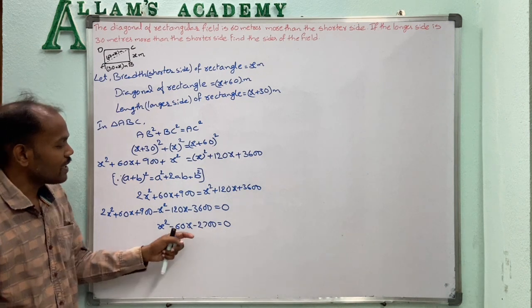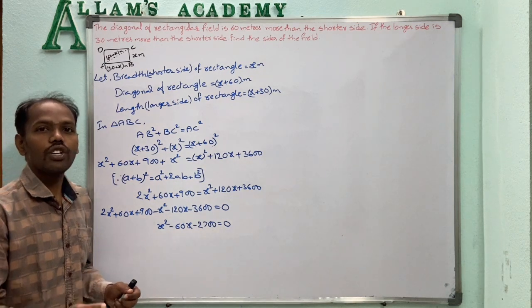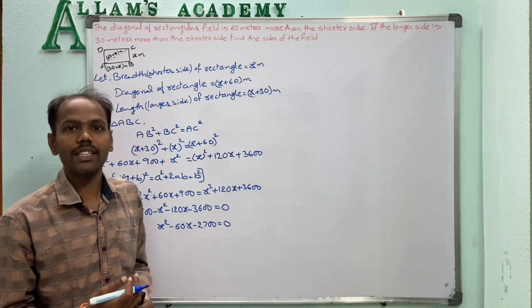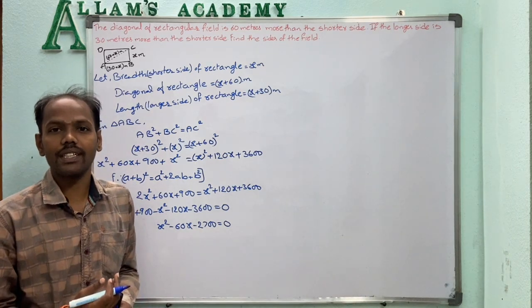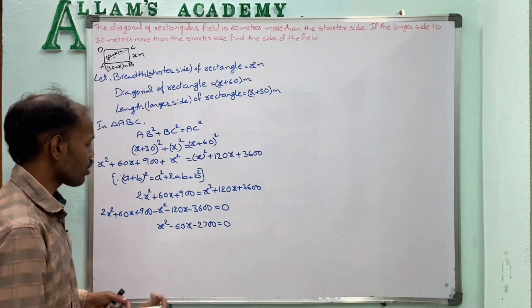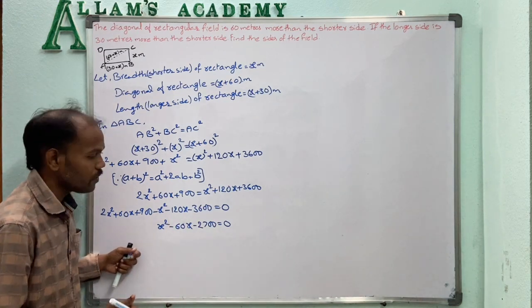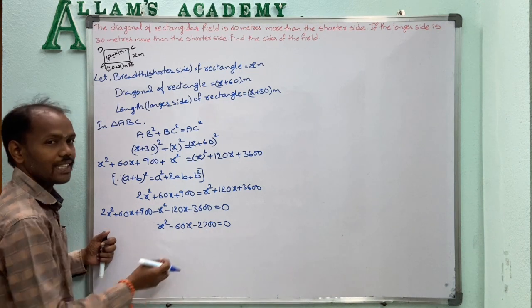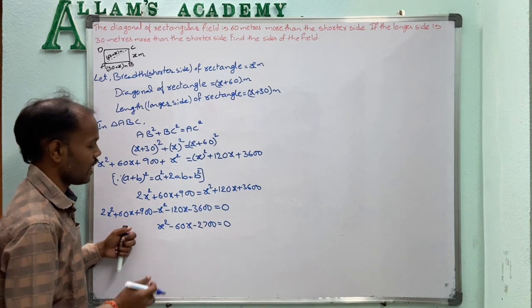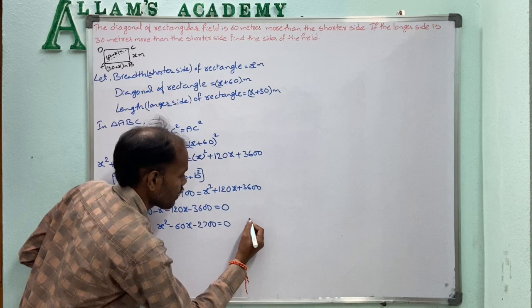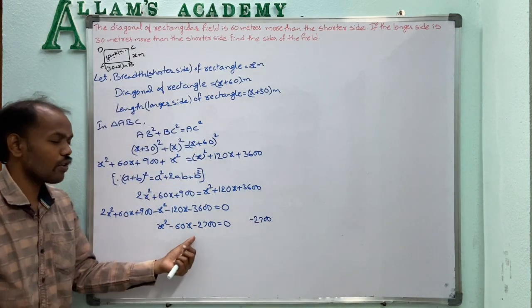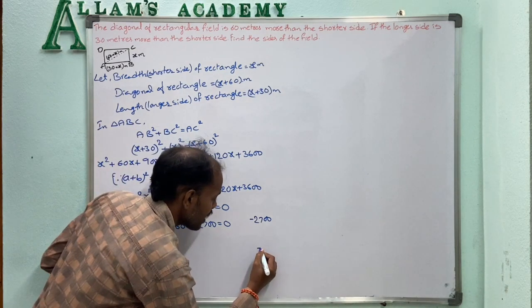Now this quadratic equation can be solved through the factorization method, otherwise the completing the square method, otherwise the quadratic formula method. I solve it through the factorization method. The x square coefficient is 1 and the constant term is minus 2700, so 1 into minus 2700 is minus 2700, and the x coefficient is minus 60.